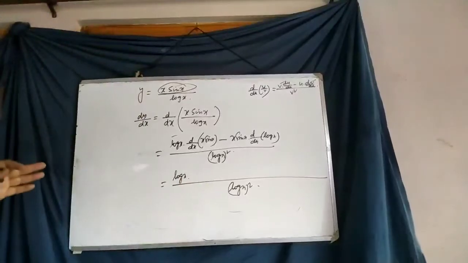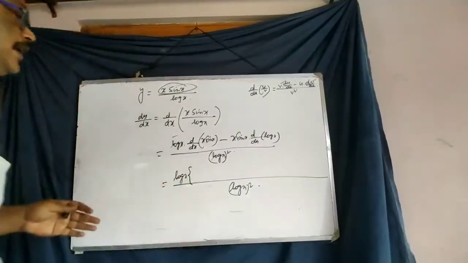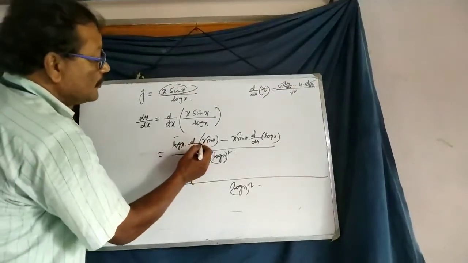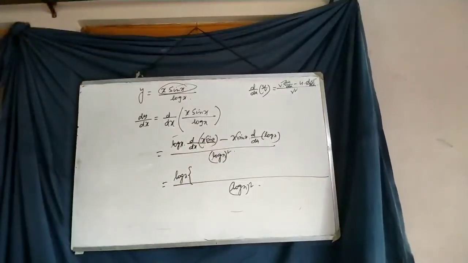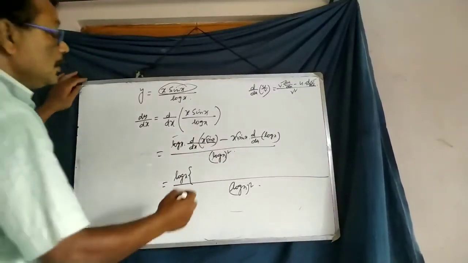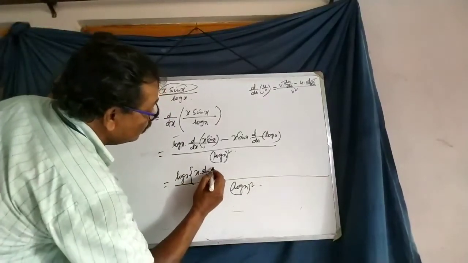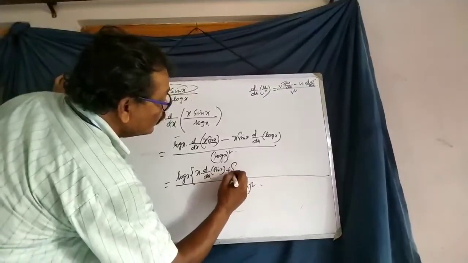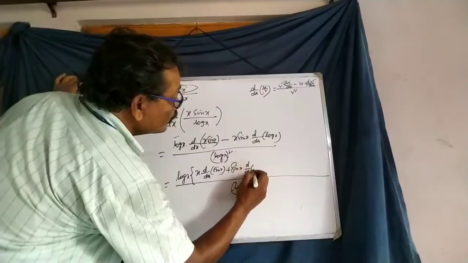But d/dx of x sin x, I have to apply uv again. Since x is a function and sin x is another function, I have to apply u into v again. For which x unchanged, d/dx of sin x, plus sin x unchanged, d/dx of x.